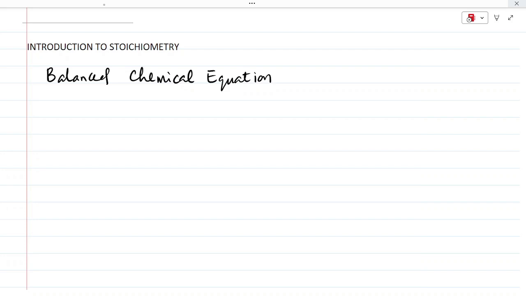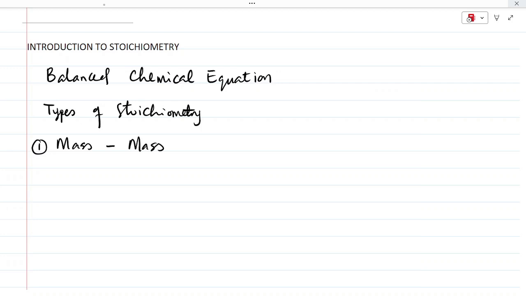When it comes to stoichiometry, we have various types, and the type determines how you solve the question. So when it comes to the types of stoichiometry, we have mass to mass, practically the mass to mass relationship.